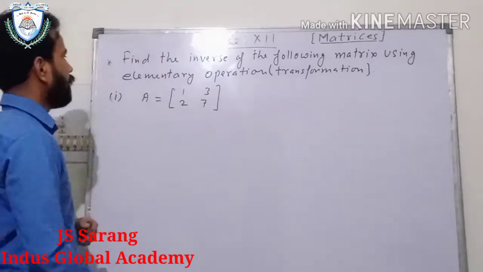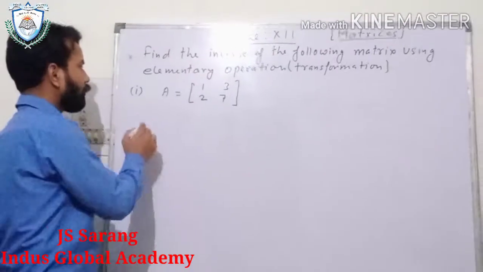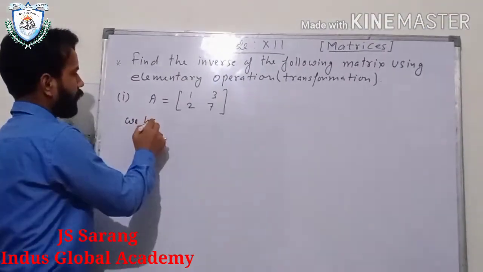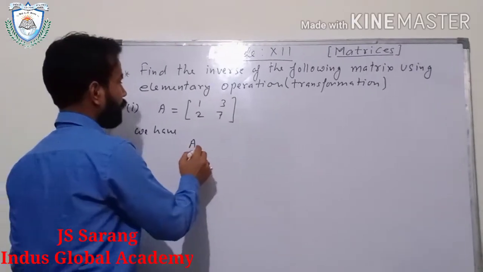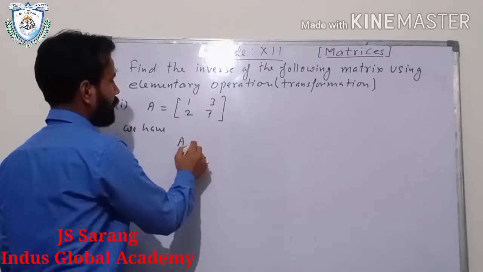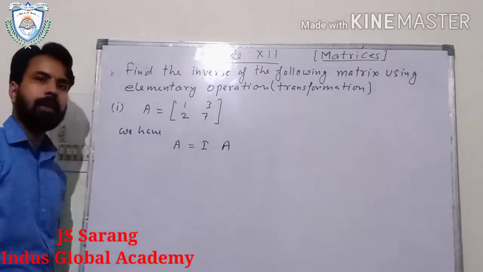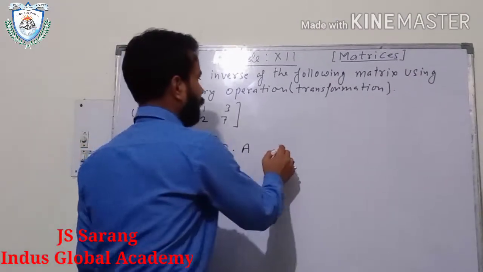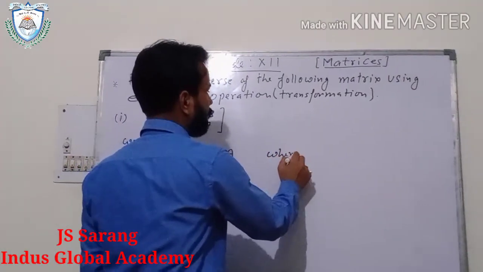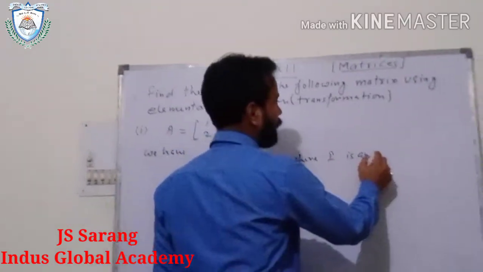So first of all, for finding the inverse of the given matrix, we have to take the relation A is equal to I into A, where I is an identity matrix.